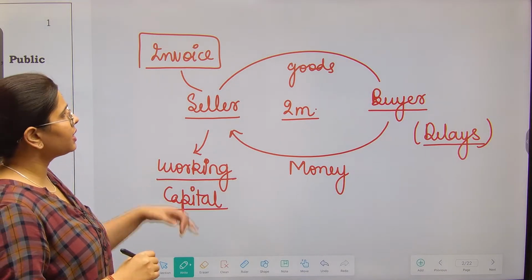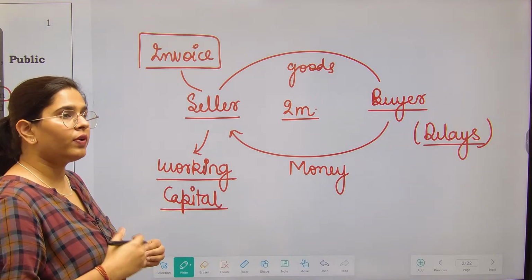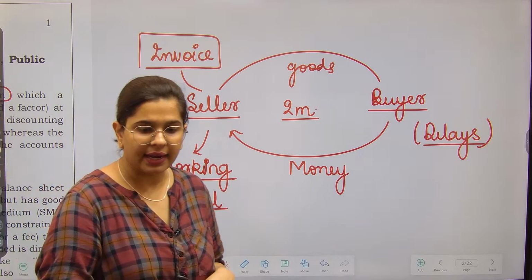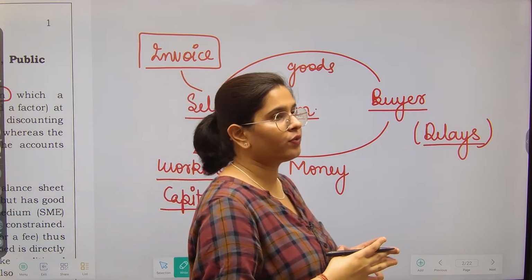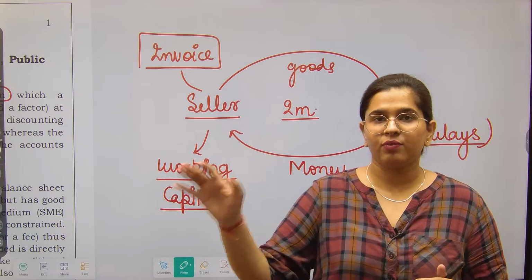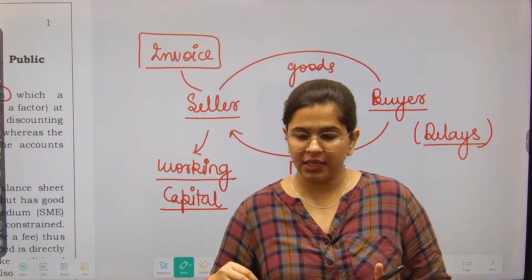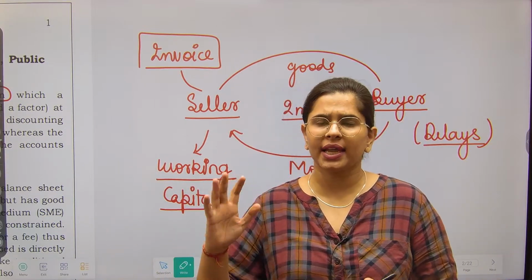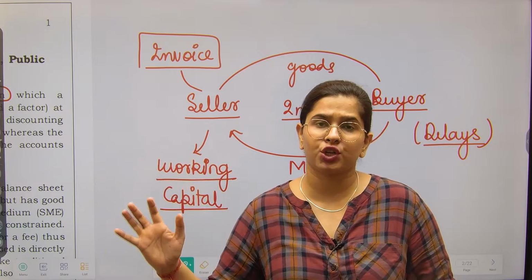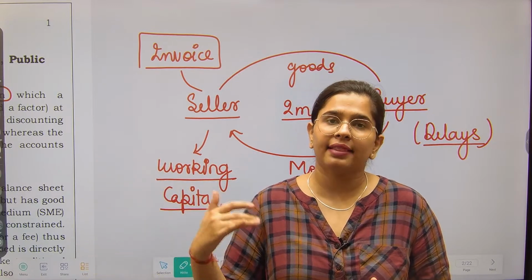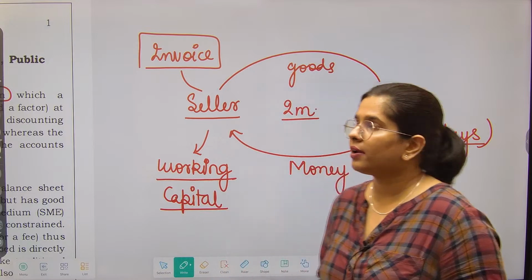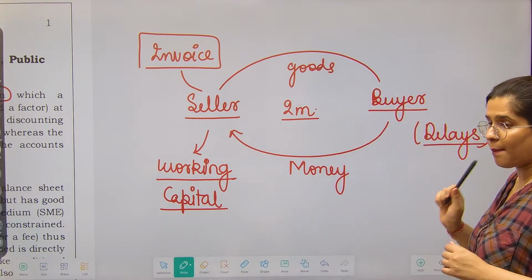So you will give this invoice to the factor. The factor is the institution, and you will say, keep this invoice, give me my money right now. You can keep some amount as your commission or fees, and later on the factor will recover that amount from the buyer.